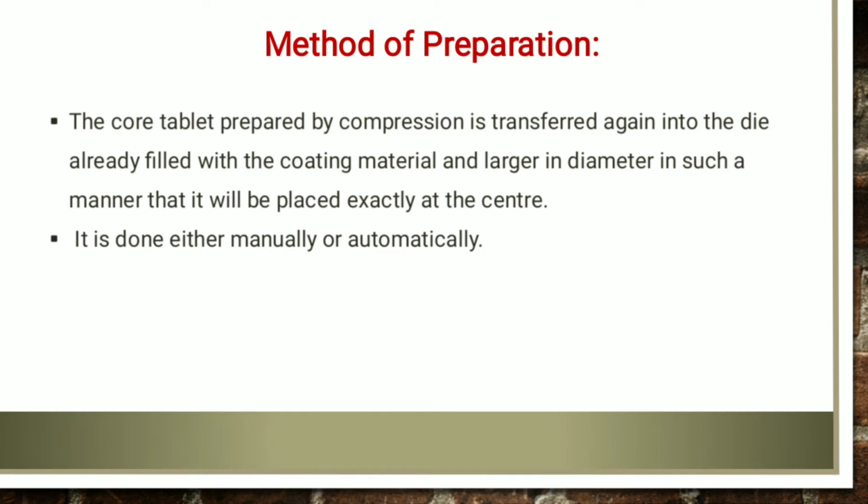Then next comes our classification. It is classified based on the release pattern. The first one is control release. So the compression coated tablet is prepared by coating the core with coating material with polymers, diluents and drugs.